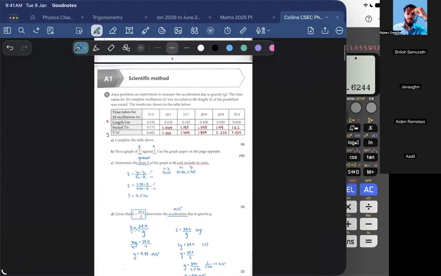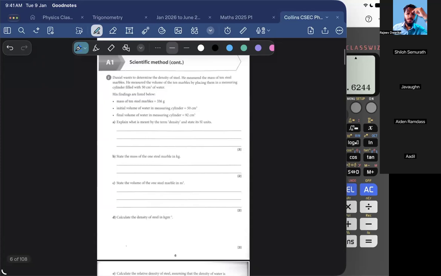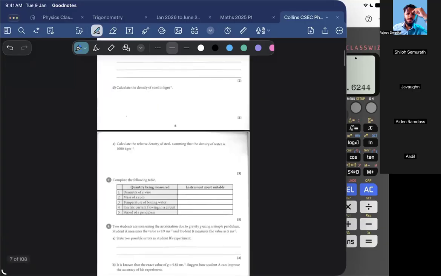For scientific method, pendulum experiments. Nice. So, okay, let me move on.